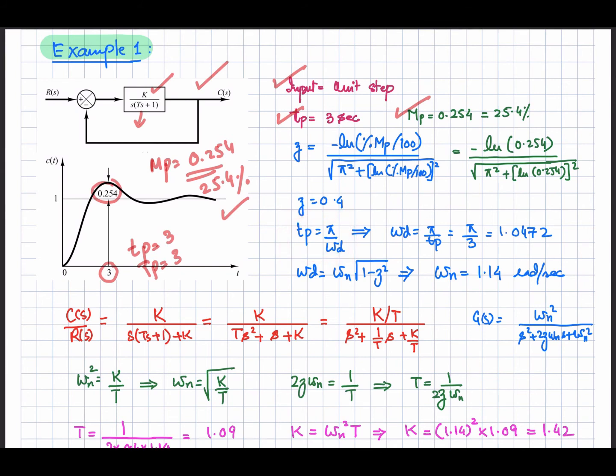We know that Tp is equal to 3, so we can find out the damped oscillation frequency, that is 1.047 radian per second. From this omega d we can find the natural frequency, because omega d is related to the natural frequency by this expression. We know the zeta, we know the omega d, so the natural frequency of the system will be 1.14 radian per second.